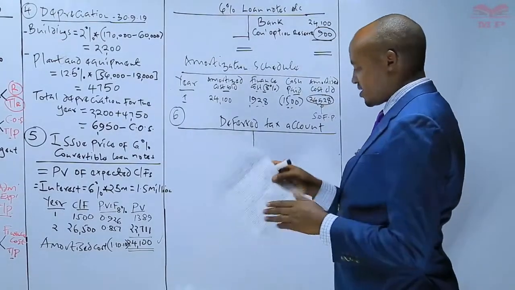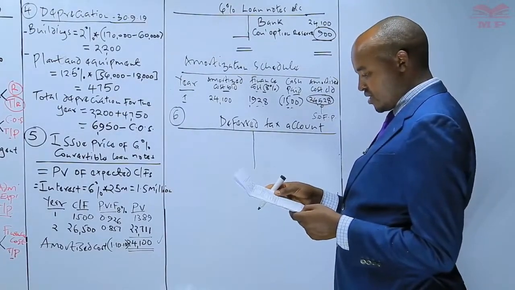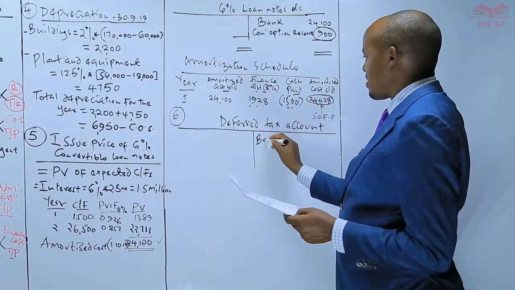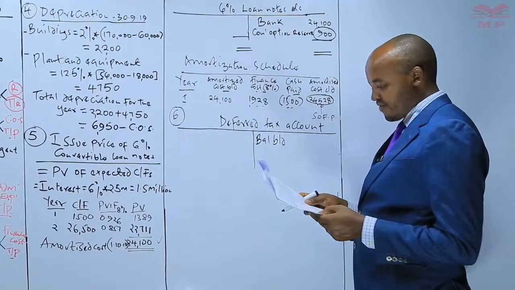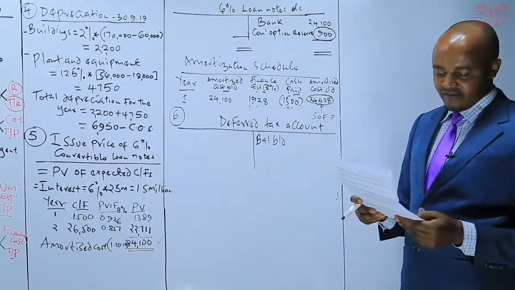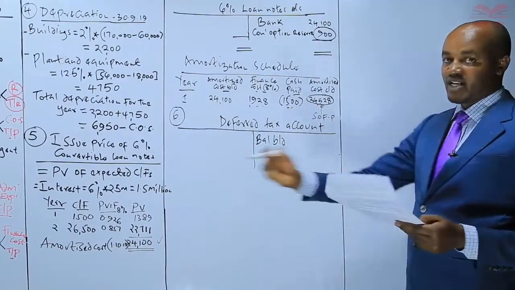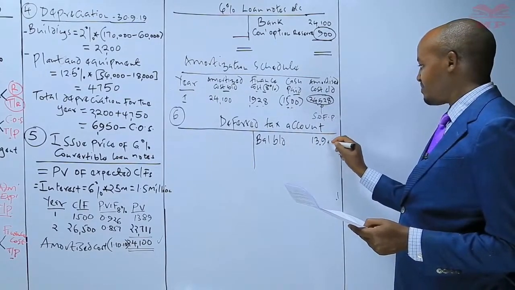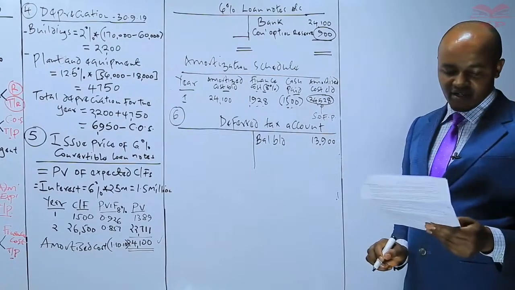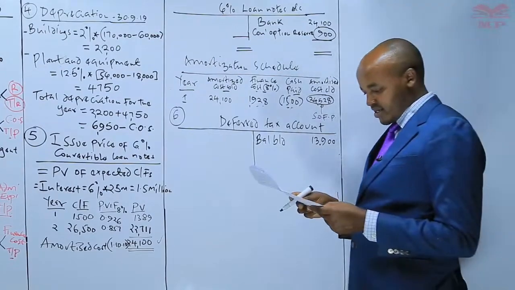In the deferred tax account, the first thing we start with is what we have in the trial balance. Below the current tax, we have something called deferred tax. Even if you are not told, because it is on the credit side of the trial balance, it is automatically a deferred tax liability, because liabilities have a credit balance.